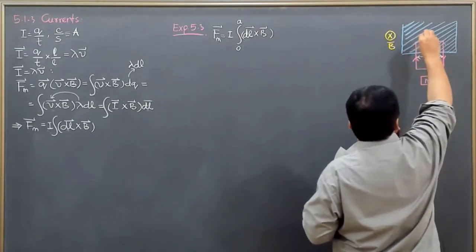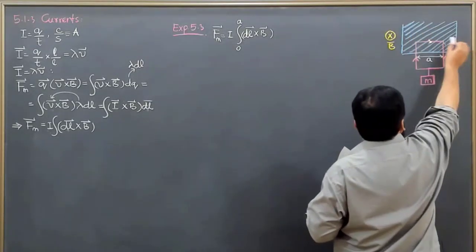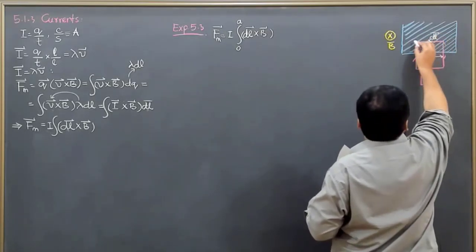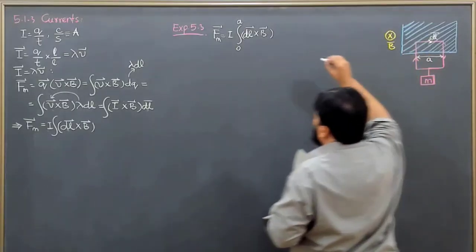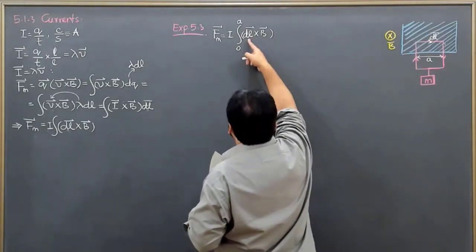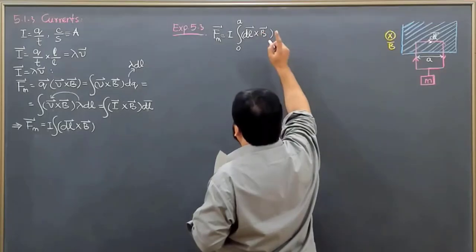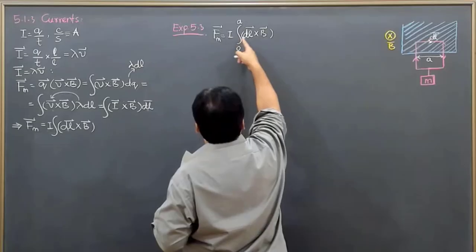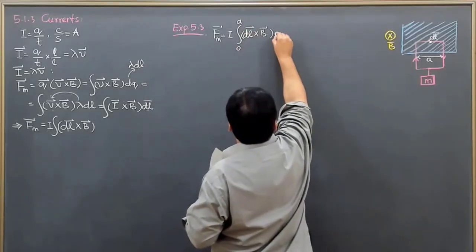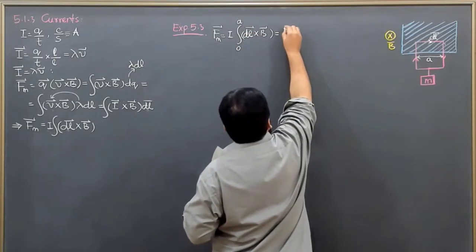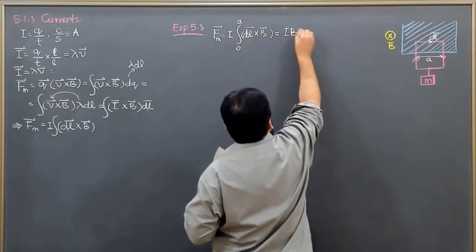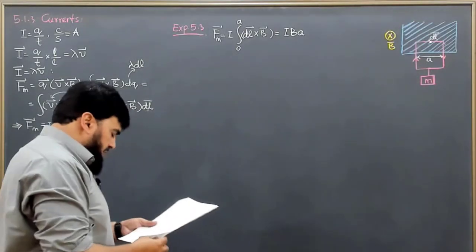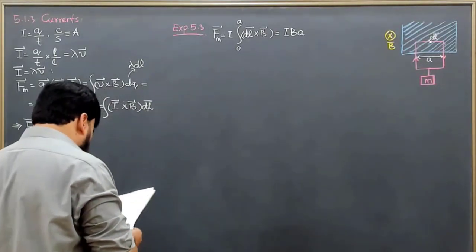B is into the page, and dl is in this direction, so the angle is 90 degrees. Sine of 90 is 1, so this will come out to be B dl only. B is constant and comes out, and the integral of dl will come out to be a. So the magnetic force will come out to be IBa.